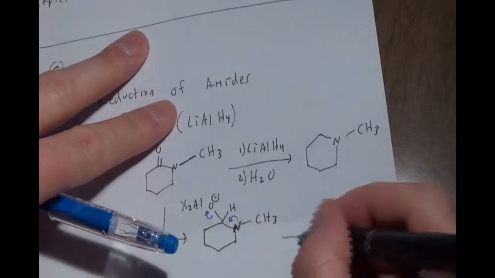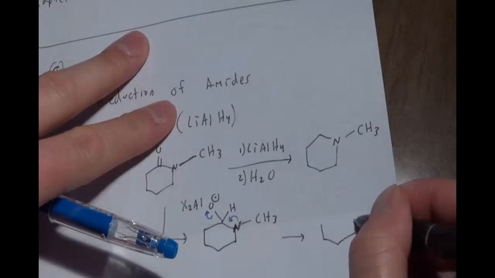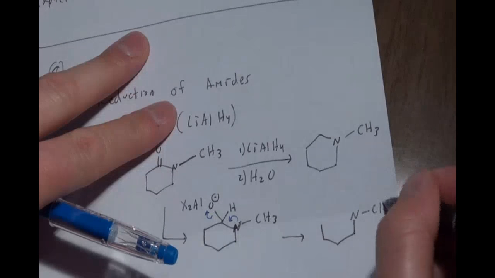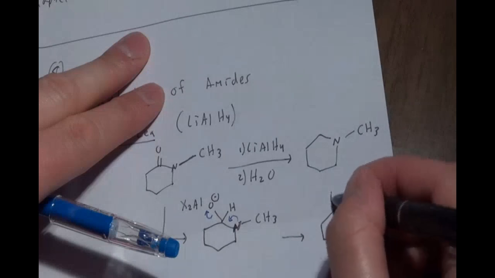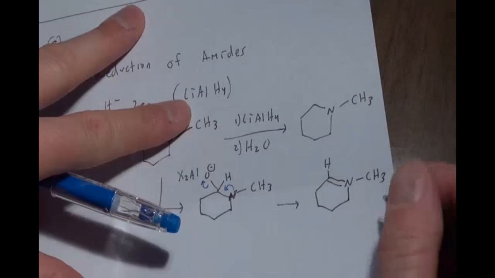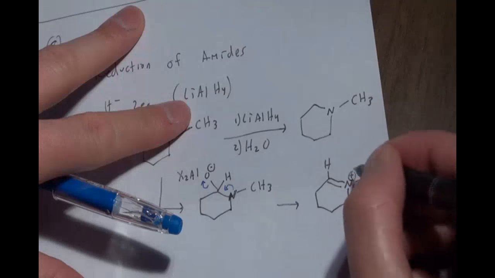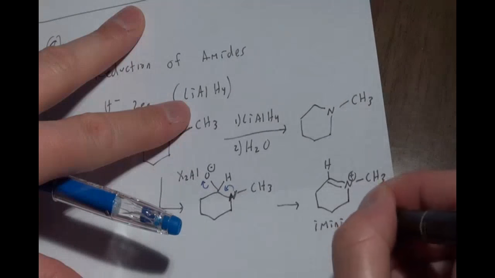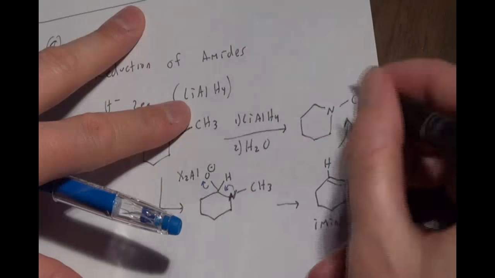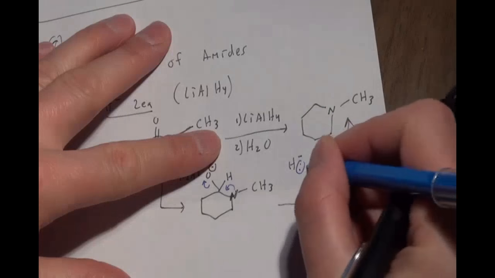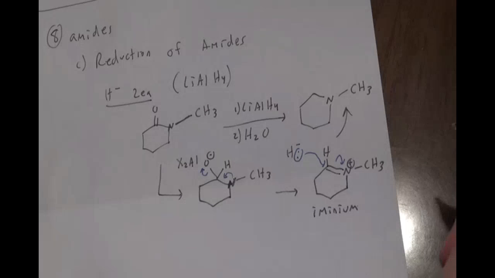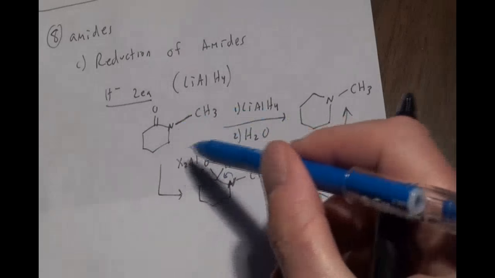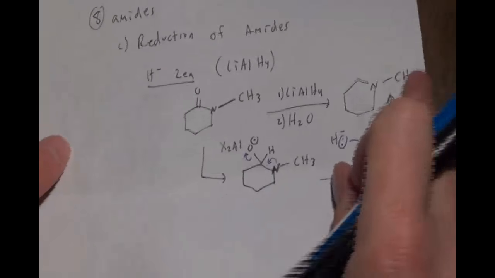And now you have this iminium plus charge on nitrogen, and then H- attacks that again. Okay, so that's basically what I showed last time in terms of the double reduction of an amide to an amine.